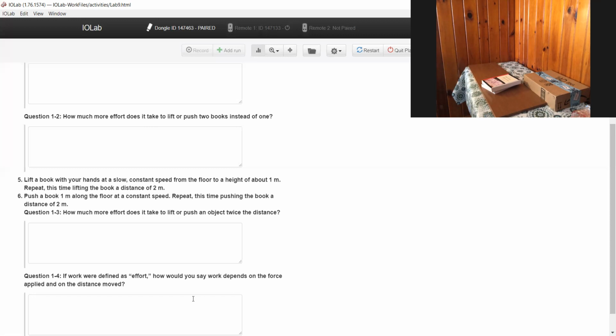So you may give an answer. Work, defined as effort, should be directly related to the force and the distance. This work should directly depend on the force applied and the distance moved. Based on your experiment, you can write your answer.